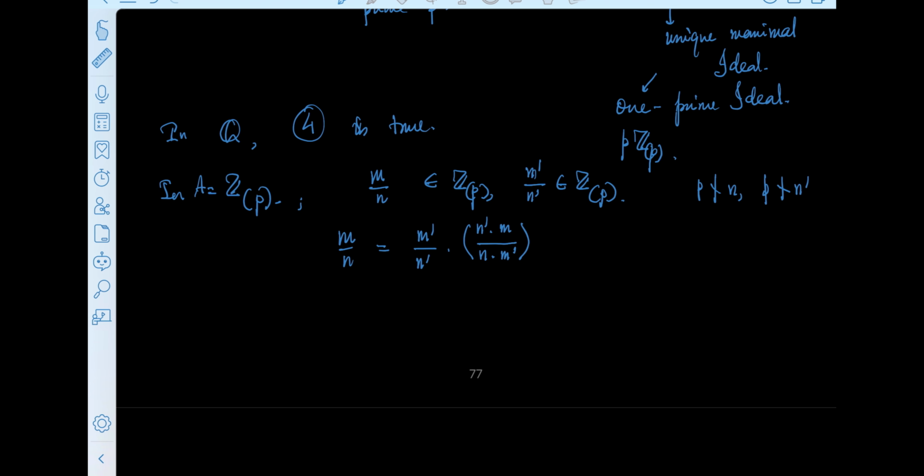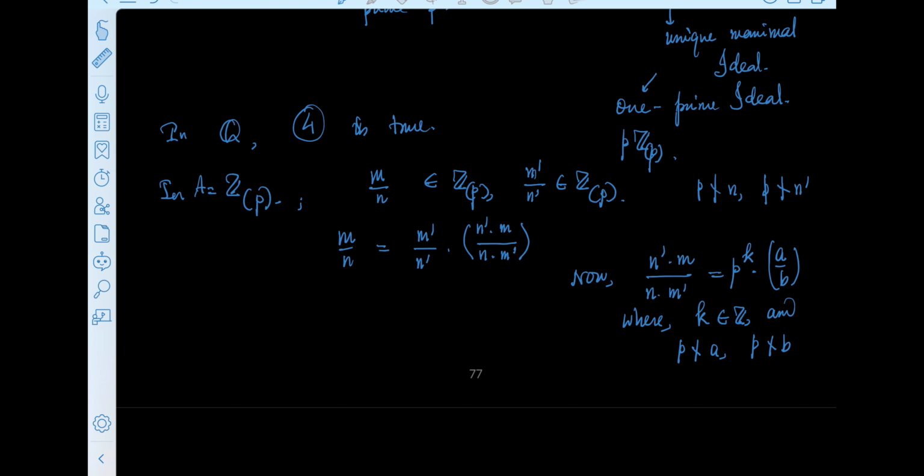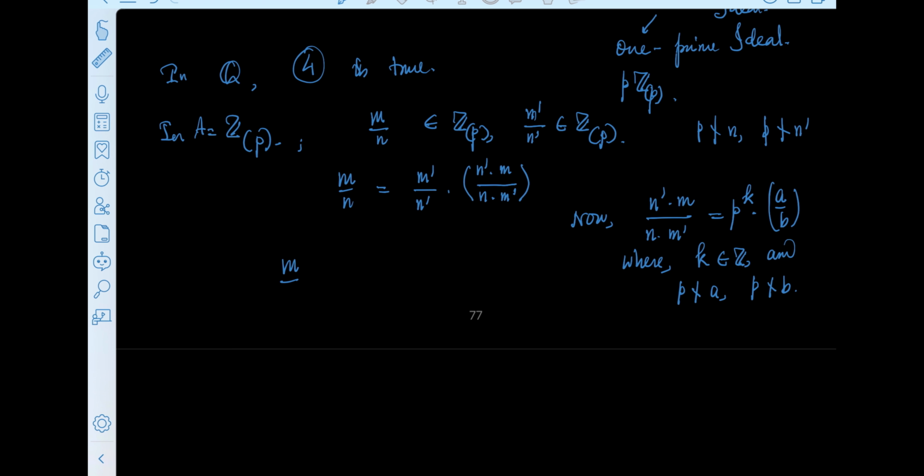Now we can write n prime times m divided by n m prime in this fashion: p to the power k times a by b, where k is an integer and p does not divide a, p does not divide b. We can write every rational number in this fashion. So basically k is the p-adic valuation, if you know the stuff. So just replace it: p to the power k times a by b.